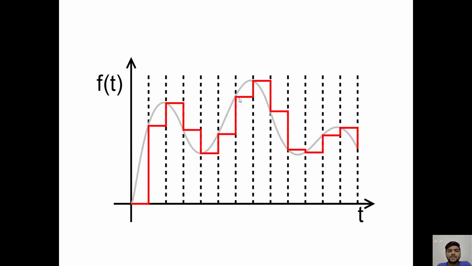This is how a sample and hold circuit behaves. It stays on for a time when we have the voltage at that point, and then it holds the voltage until it gets the other sampling point. So it holds the voltage until the next value is given.